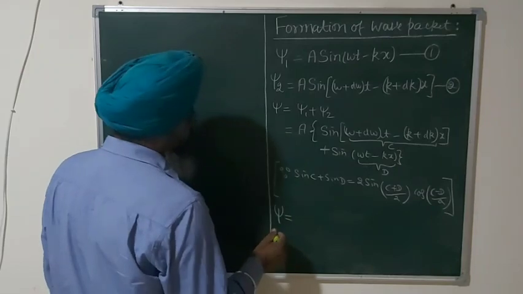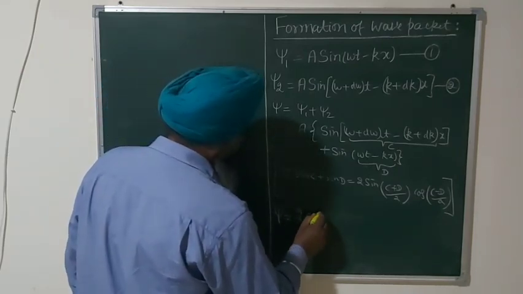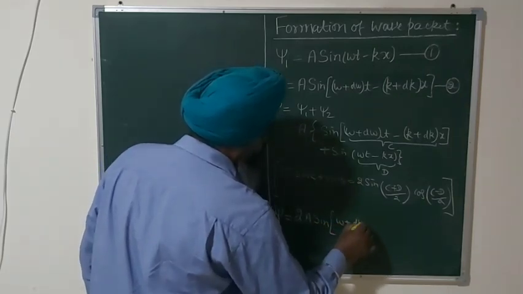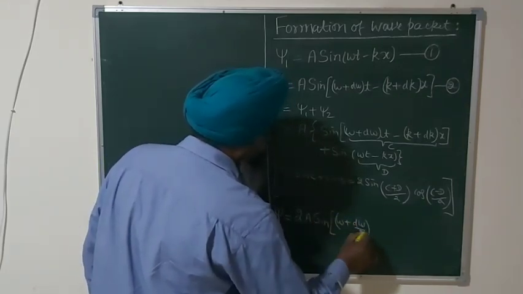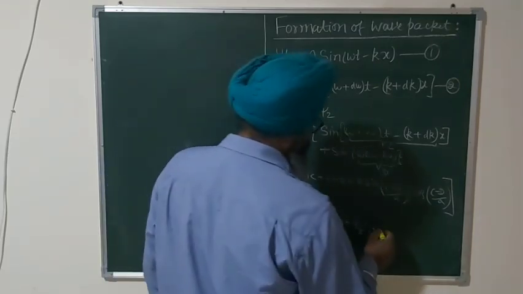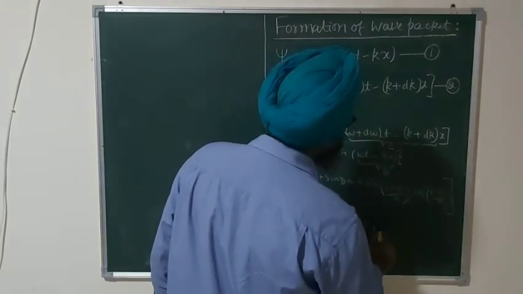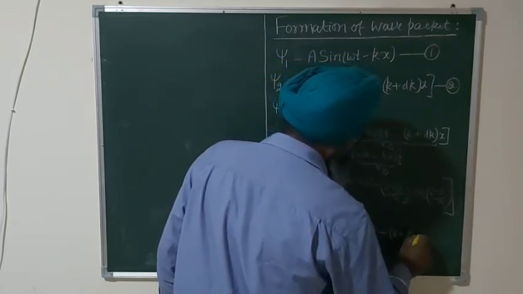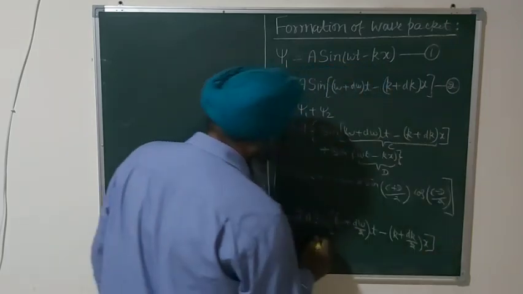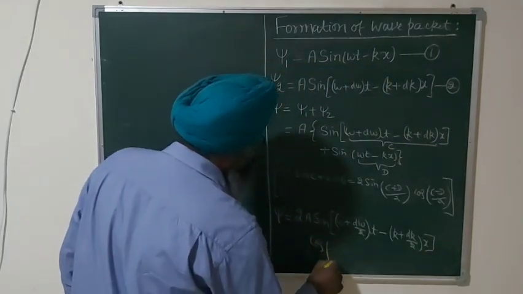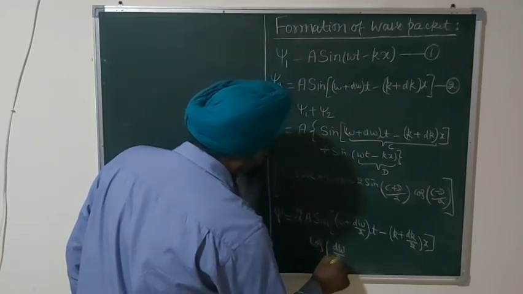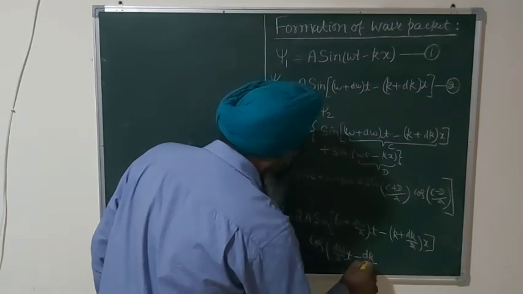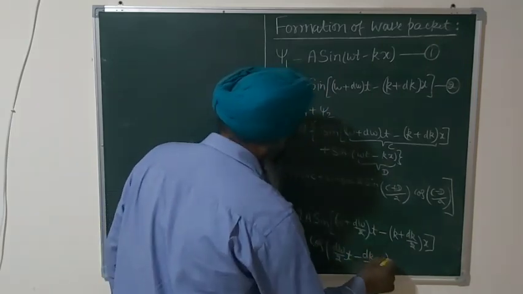Psi is equal to 2a sine of ((omega plus d omega) by 2) t minus ((k plus dk) by 2) x, multiplied by cos of ((d omega by 2) t minus (dk by 2) x).